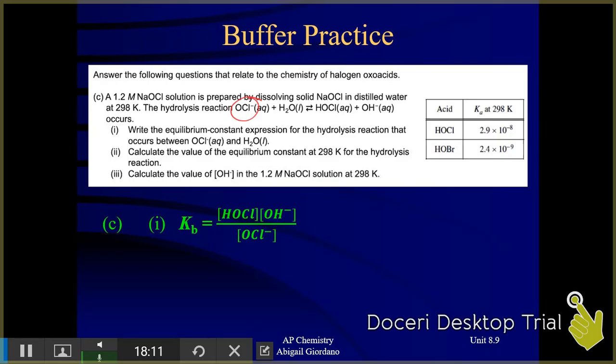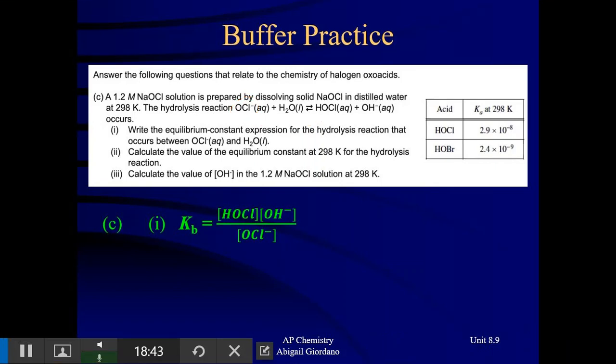It is a base. And how did I know that? Because look at what it's doing from left to right. It is accepting a hydrogen ion. That means it is a base. So the equilibrium constant that I should write for part 1 is for a Kb value.